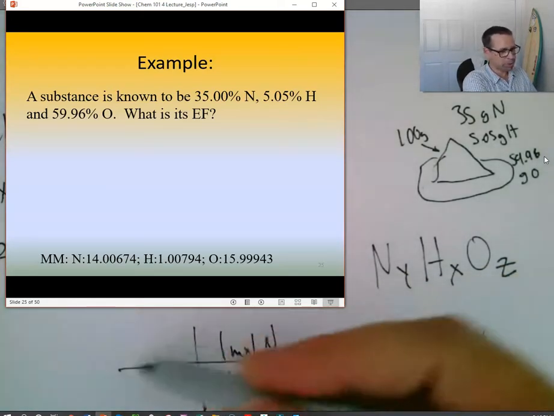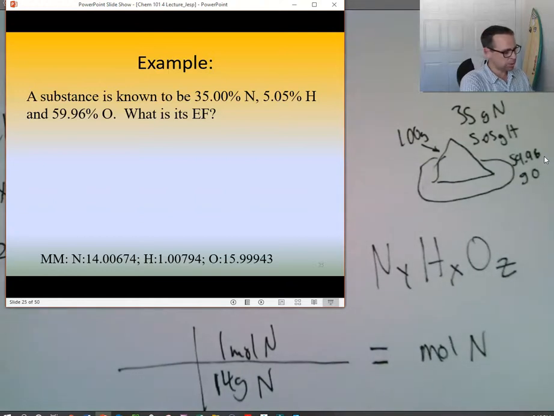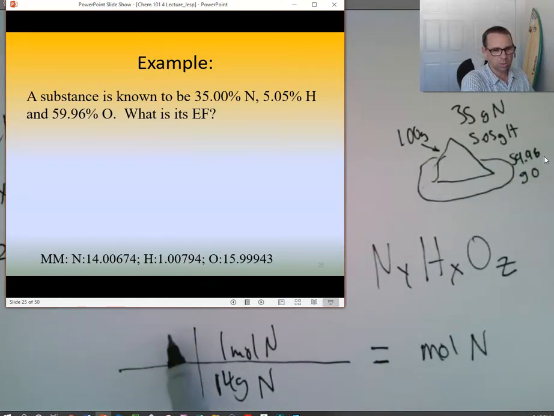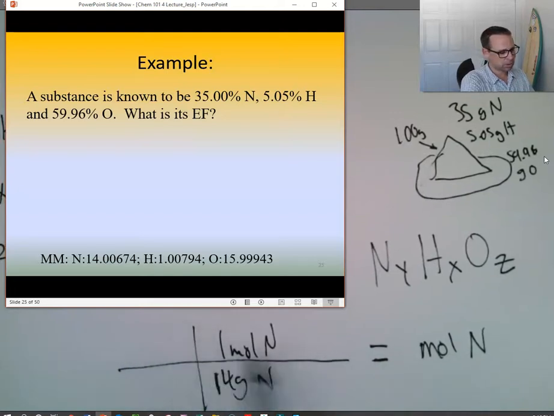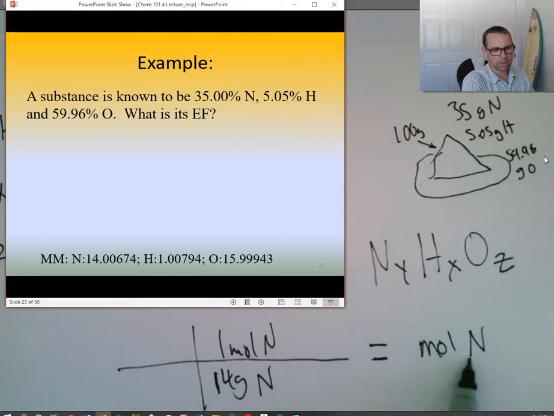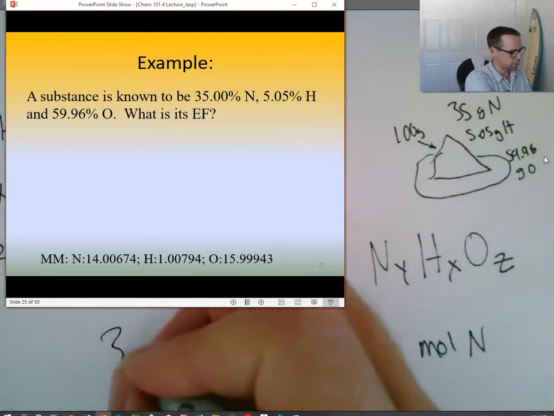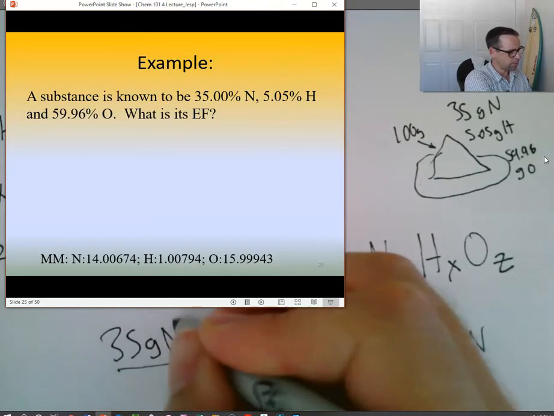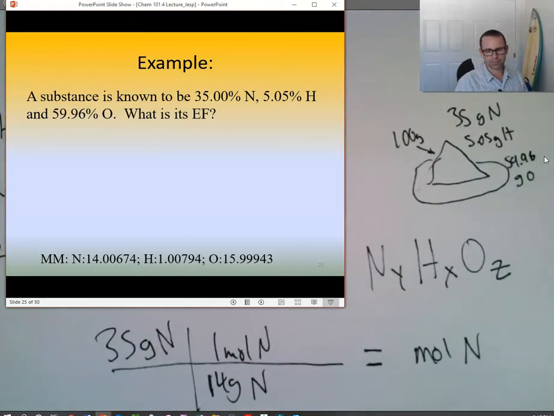We could have put it over here, but the concern is that if we put the 14 on top, because we don't know which place to put it, we might not end up with the moles on top. It would be fine if we put the 1 mole of nitrogen and 14 grams of nitrogen, but typically we start with what they give us, which in this case is 35 grams of nitrogen.